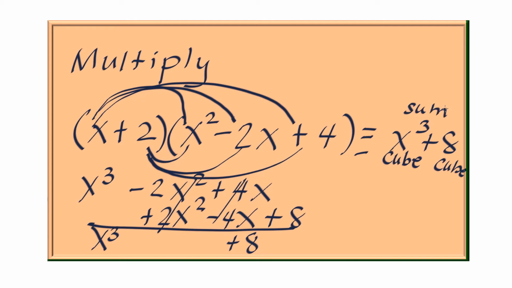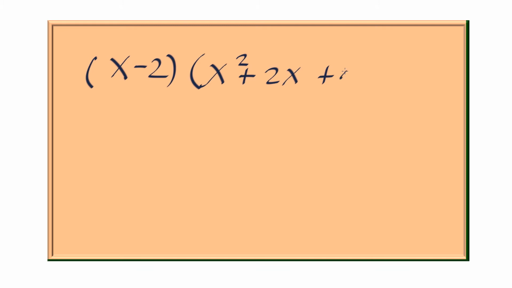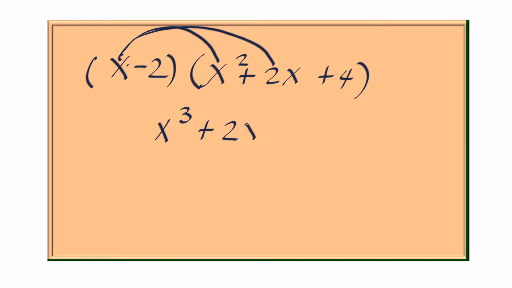Okay, so let me give you one more review. Let's say instead of x plus 2, we have x minus 2 multiplied by x squared plus 2x plus 4. Multiply x and x squared, that's x cubed. Multiply x times 2x, that's 2x squared. And then x times 4 is 4x.